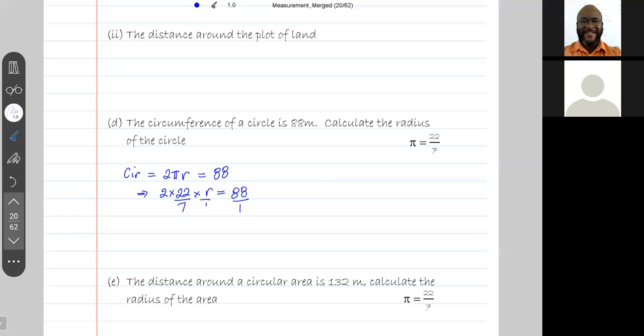The numerator, 2 times 22 times r, is 44r. 1 times 7 times 1 is 7, is equal to 88 over 1. If I have one fraction equal to one fraction, I would cross multiply. So 1 times 44r is 44r, is equal to 7 times 88. I'm going to divide both sides by 44.